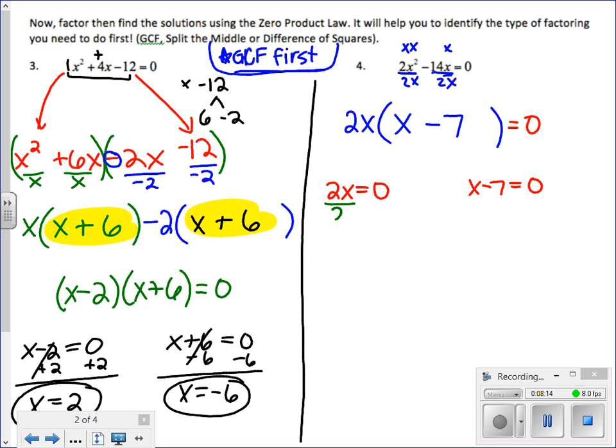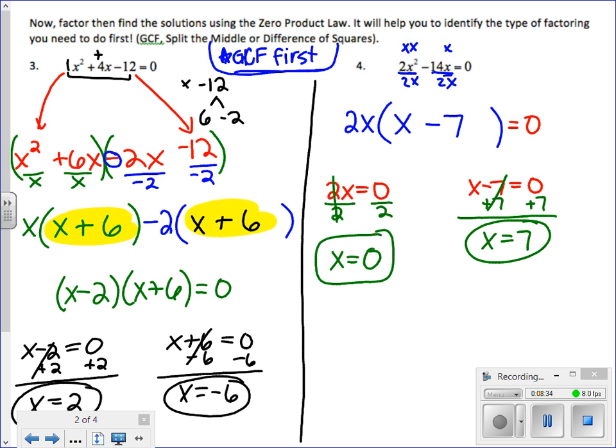So I divide both sides by 2, and I get x equals 0, because 0 divided by anything is 0. So 0 is one of the solutions that make that quadratic true. To solve the second factor, I just add 7 to both sides, and I get x equals 7 as one of the solutions.